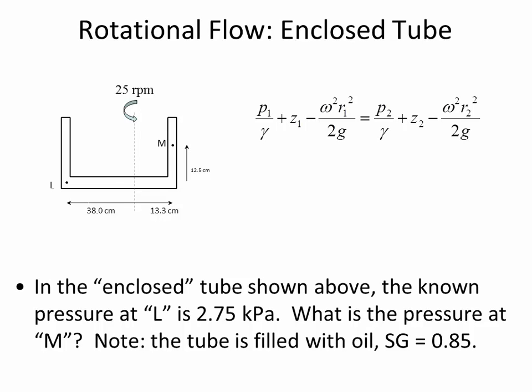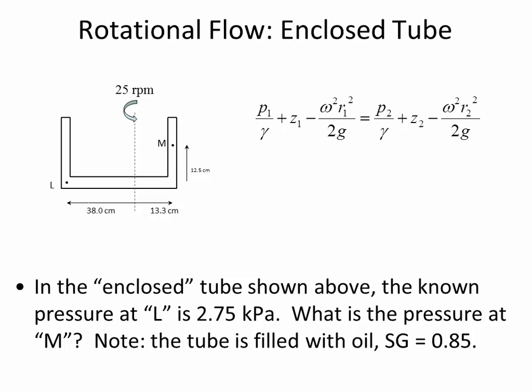All right, so in this one, we've got two different locations. In the solution that I've written up on the board, I'm saying let's call L 1 and let's call M 2. So I've converted the rotational rate from 25 RPM into an equivalent number of radians per second, 2.618 radians per second.